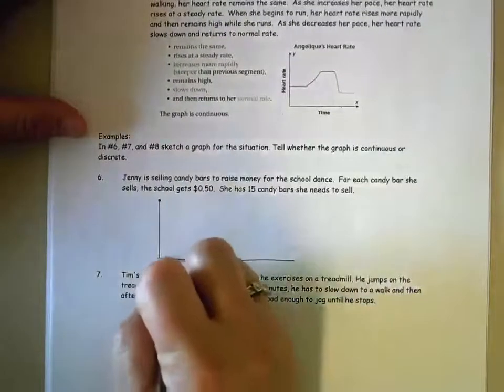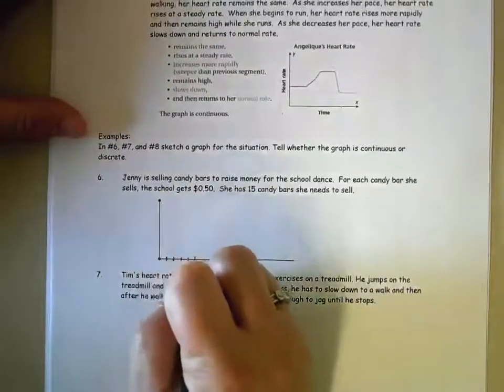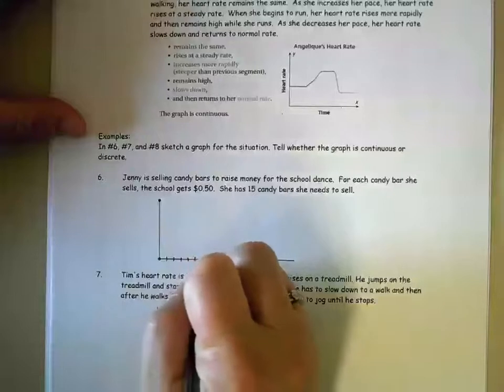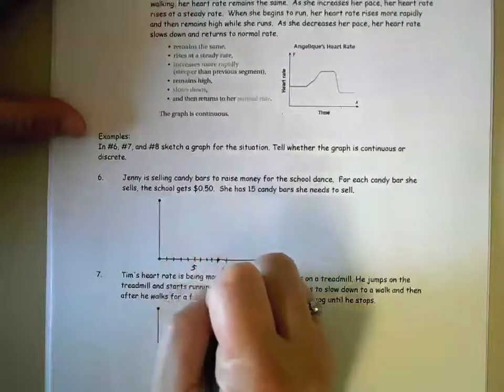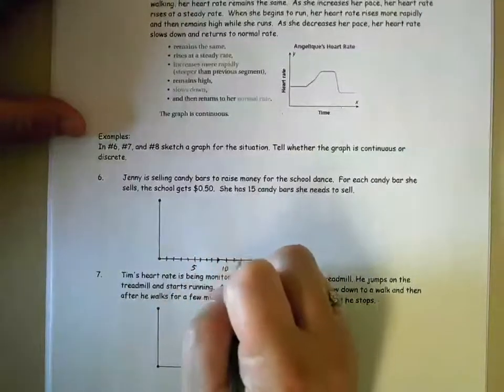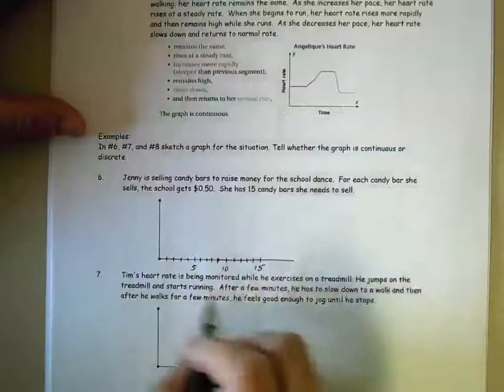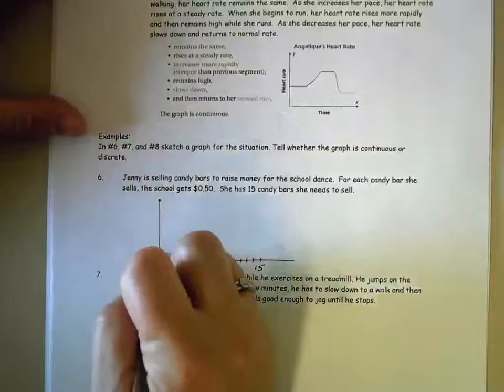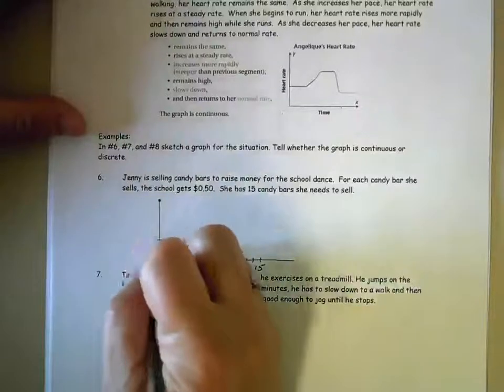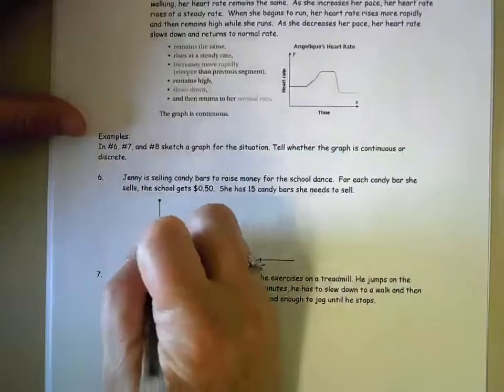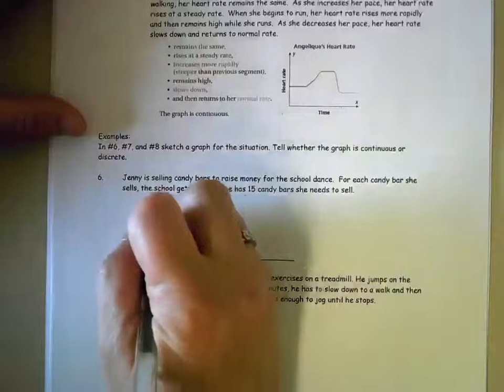So 1, 2, 3, 4, 5, 6, 7, 8, 9, 10, 11, 12, 13, 14, 15. And then going up the side, I'm going to go by 1s, 2, 3, 4, 5, 6, 7, 8.